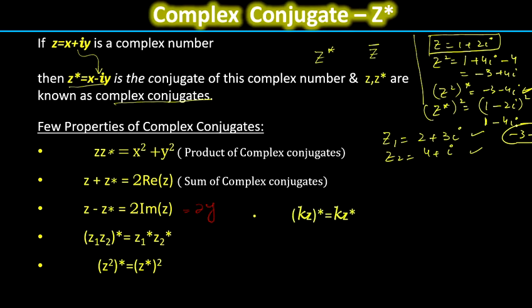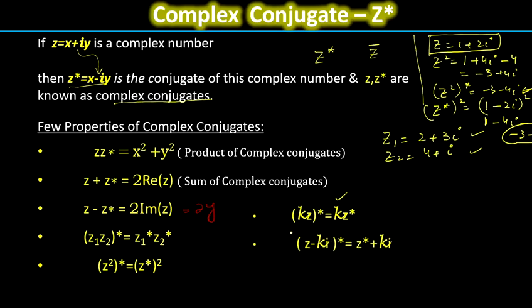Similarly, if you're multiplying by a real number, twice the complex number, thrice the complex number, and then find the conjugate, or if you first take the conjugate of that complex number and then multiply by any real number, you get the same result, where k is a real number. And one more property.